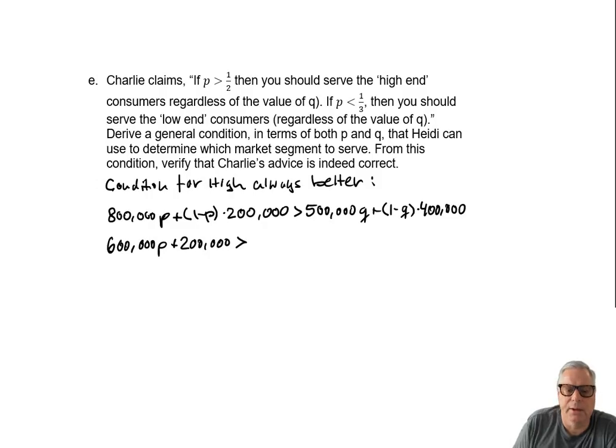That is just rewriting the expected payoff for the high end differently. That needs to be greater than 500,000 Q, but then I subtract 400,000 Q, so I'm left with 100,000 Q, and then I still add 400,000.